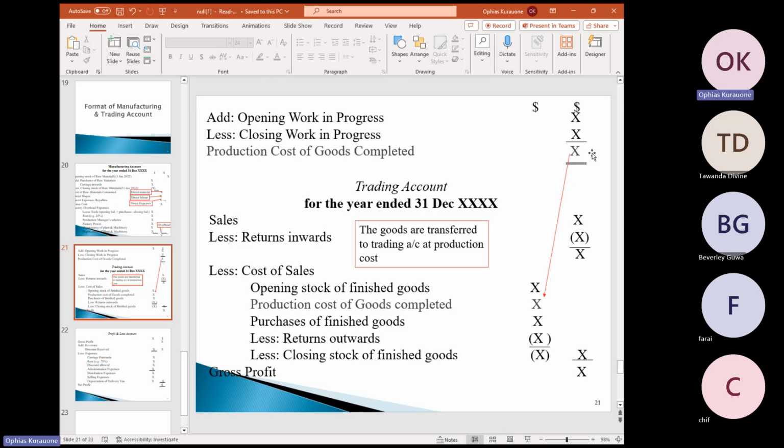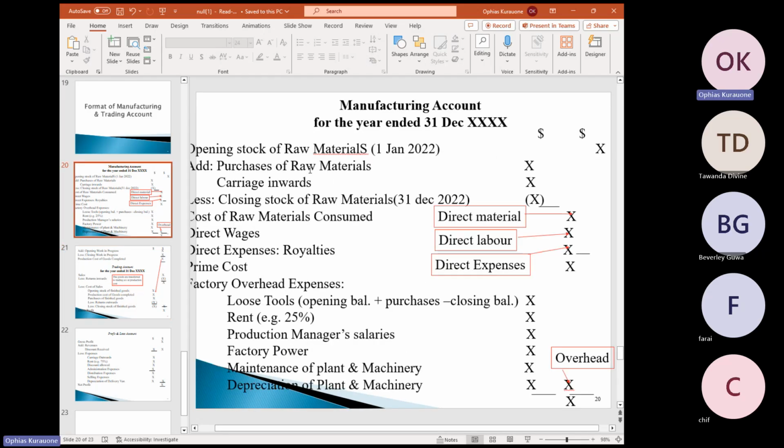That's very important. So any question before we go further on the manufacturing account? Because the idea here is for you to understand the key elements, the keywords which are used. That's why we started by discussing these keywords deeply.